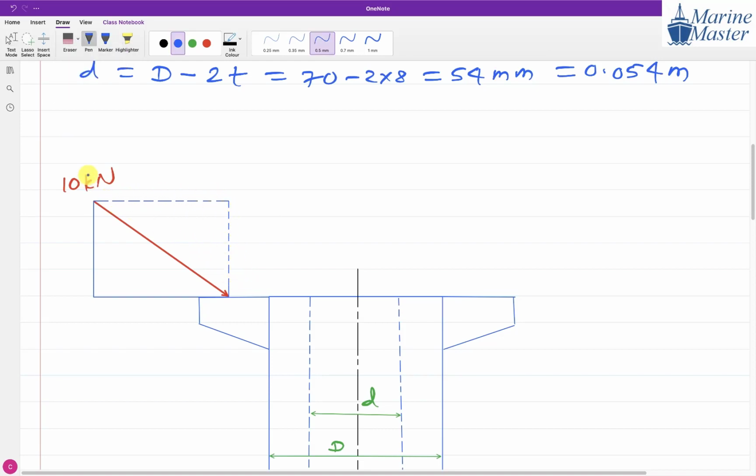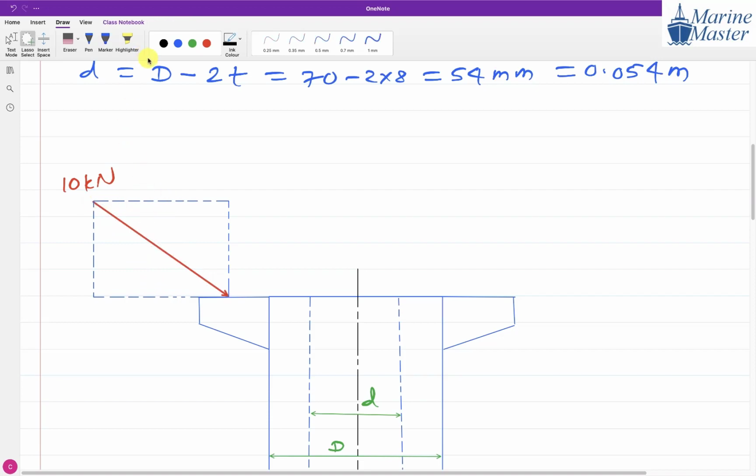Remember, sometimes I have observed how a lot of my students make the rectangle, guys. A force goes like this, or force goes like this, exactly within the given force. Observe.